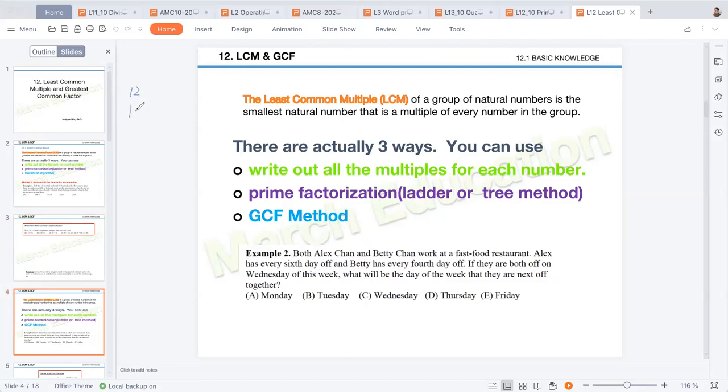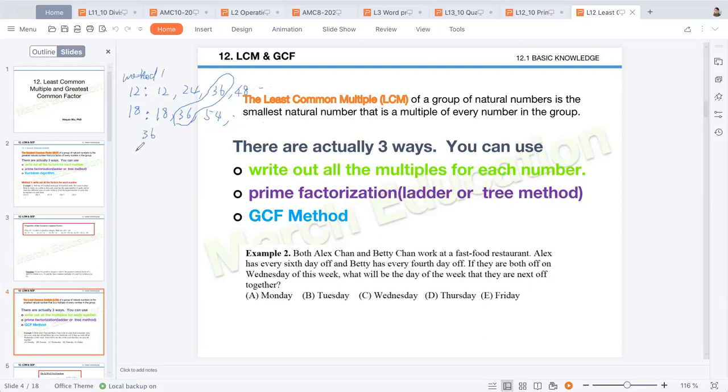So for example, I have 12 and 18. The multiples of 12 are 12, 24, 36, 48, and so on. And 18 is 18, 36, 54, and so on. So we find the least common multiple is 36. This is method 1.